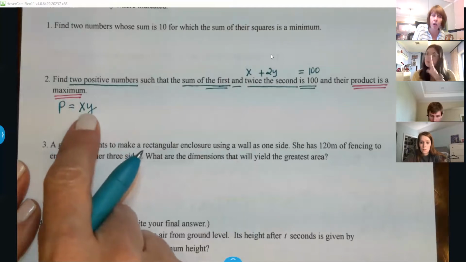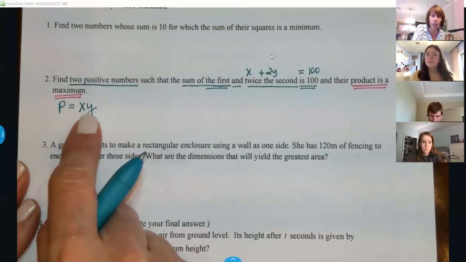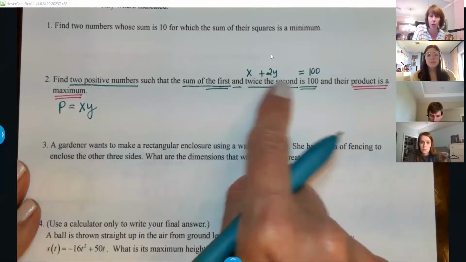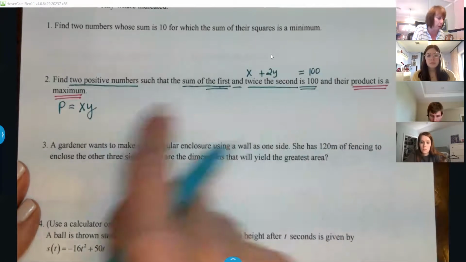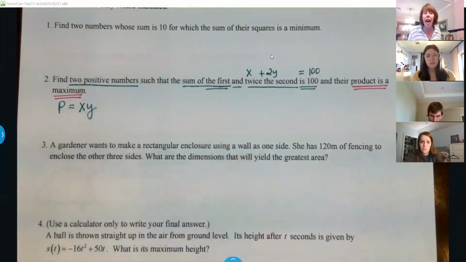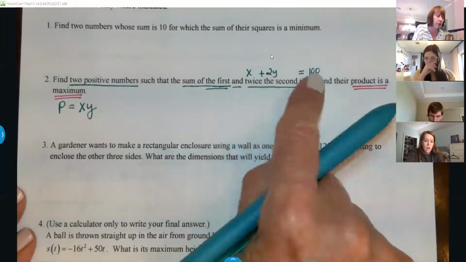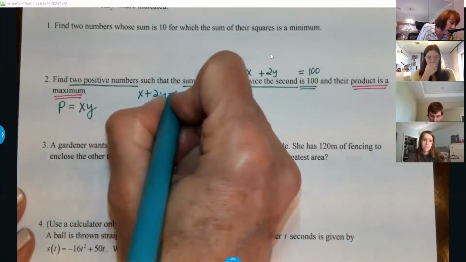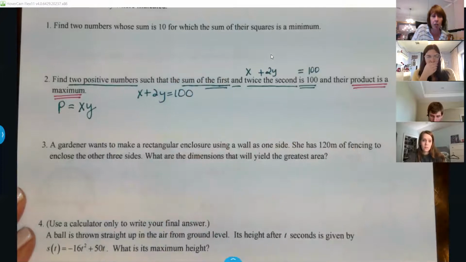We need to get either all x's or all y's, and it truly doesn't matter. We're going to use this equation, solve it for either x or y, and put it in for the other. I like to have x's in my equation, so if it's easy, I'm going to solve it for y. But you would get the same answer if you solved it for x. You would just be getting y first instead of x first.